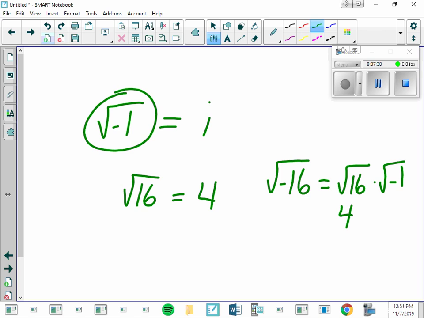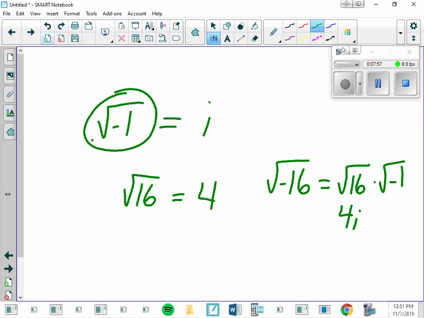And what is the square root of -1? i. So the square root of -16 is 4i. Now, what is 4i? That's a little bit hard to explain at the moment. It is 4 times the square root of -1.